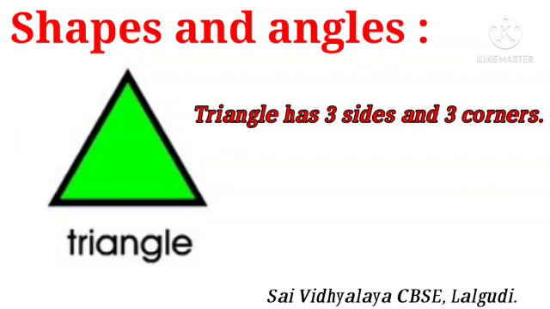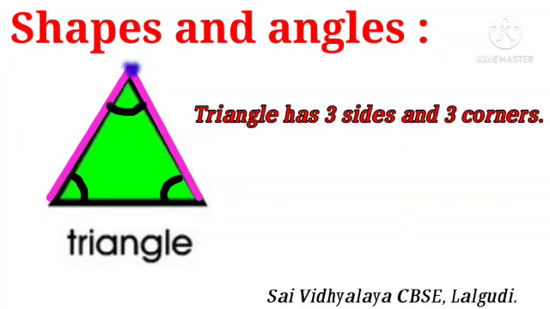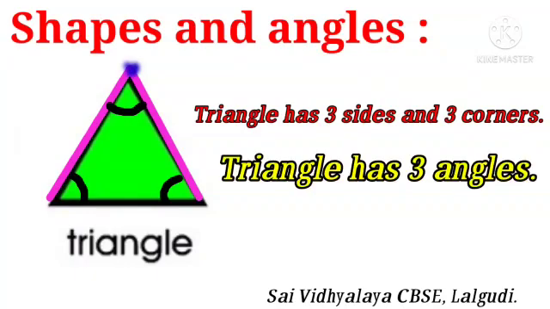I already said the angle is formed at the point where two lines meet. So, draw an angle here. These two lines meet at this point. So, draw an angle here. And these two lines meet at this point. So, draw an angle. Now, triangle has three angles.